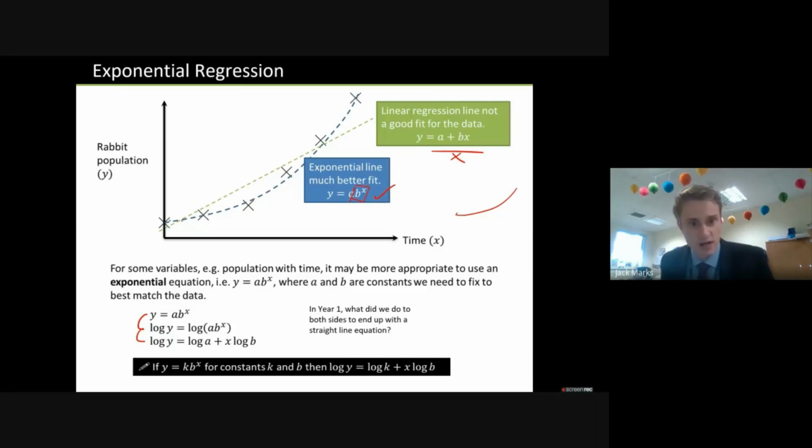So instead of working with something like this, which will increase very, very rapidly, you can describe the situation first with an exponential, which gives you a very good line of best fit, and then you can turn it into a straight line, which makes it easier to work things out and to look at and to understand and so on.